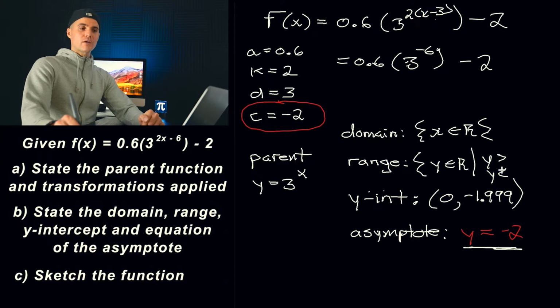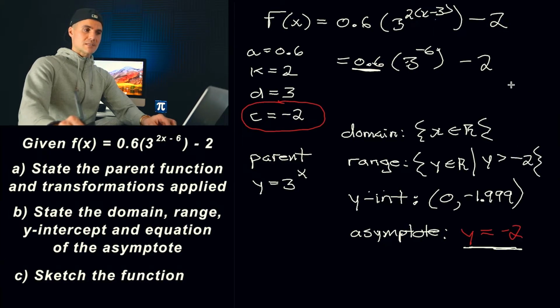And whether it's greater than or less than is going to depend on the a value, whether it's been reflected or not. If the a value is positive, then it's always going to be y is greater than the horizontal asymptote. If the a value is negative, it's always going to be y is less than the horizontal asymptote, right? So in this case, the a value is positive, the horizontal asymptote is -2, so we know our range is going to be y is greater than -2.